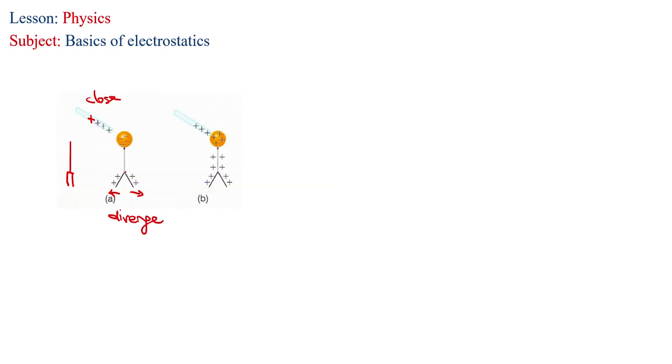You see here the angle has increased, but before, when I bring this charged rod to the electroscope, both of the leaves were vertical. Now they diverge, and when they come closer, we call it converge.